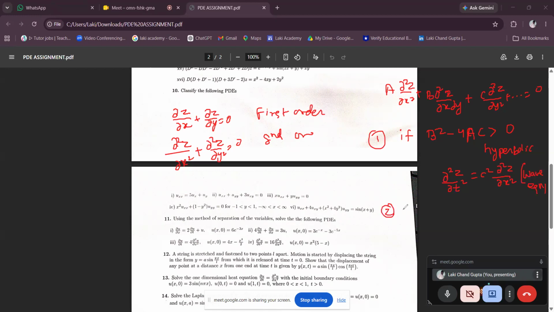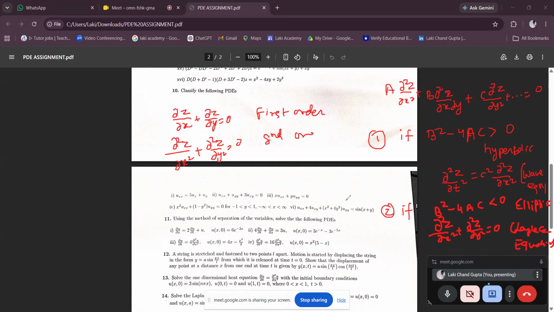If b square minus 4ac is less than 0, this is called elliptical. Okay. Yes. For example, this. This is called Laplace equation. Laplace transform is different, huh? Laplace equation.